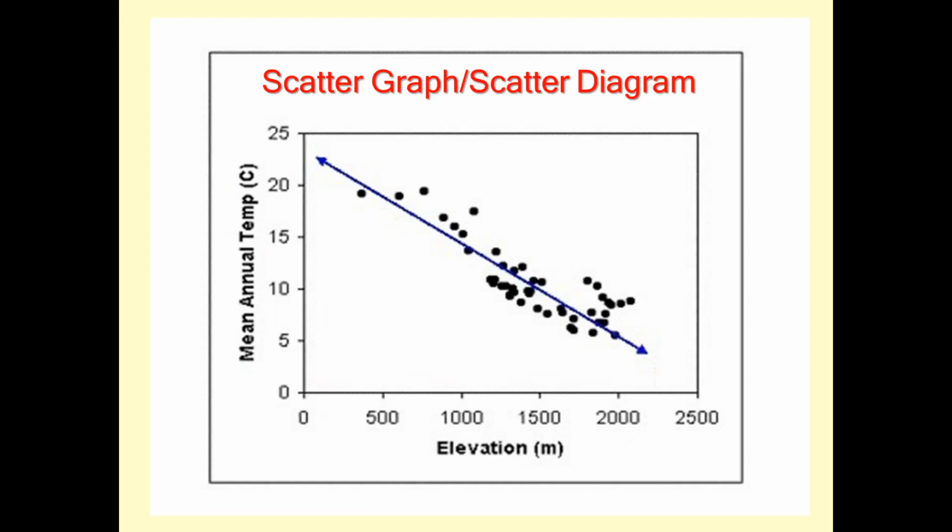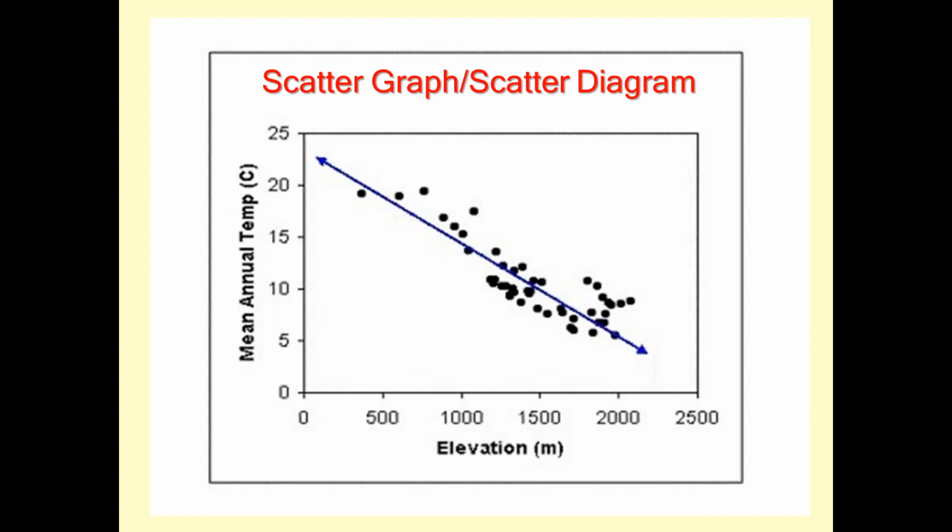The scatter graph can show the relation between the variables. The values of variables are plotted on a graph as a series of dots, and then it is often possible to draw a best fit line through the plotted points, leaving roughly the same number of points on either side of the line.